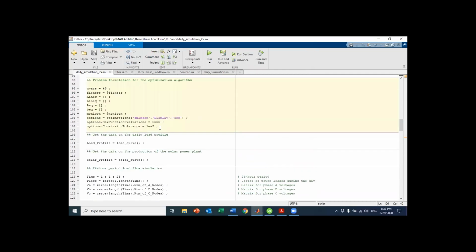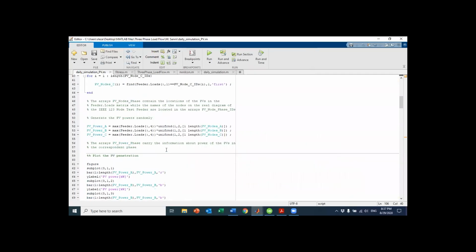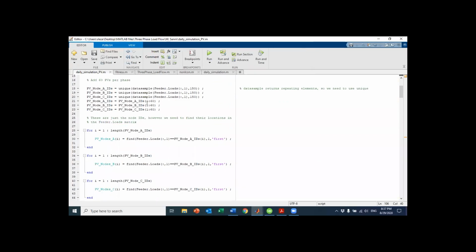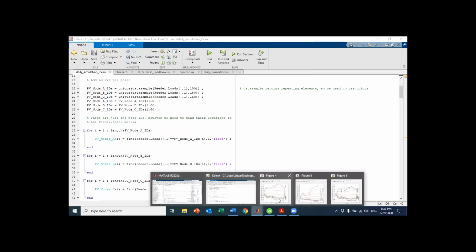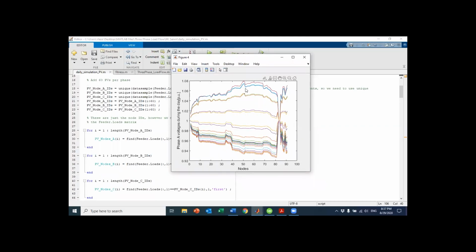If you ask me, I would reduce the number of PVs to, let's say, I don't know, 40. So I think that would be much better than using 60 PVs. And you can see here that the voltages in other nodes, for example, this is during the peak production of the solar power plant. The voltages exceed, for example, 1.07.